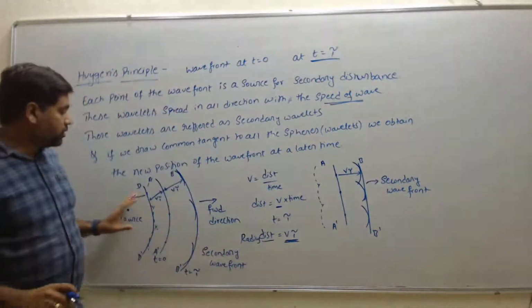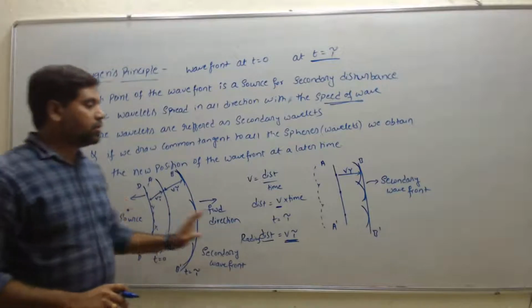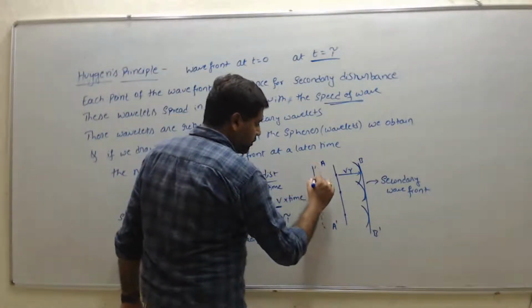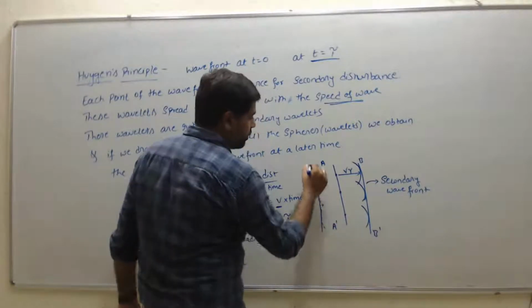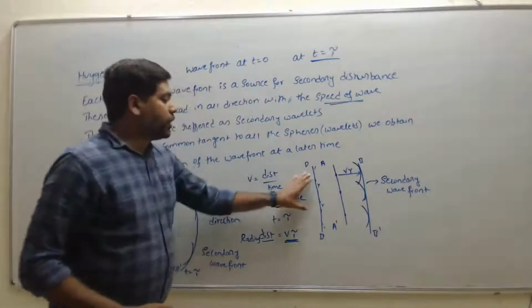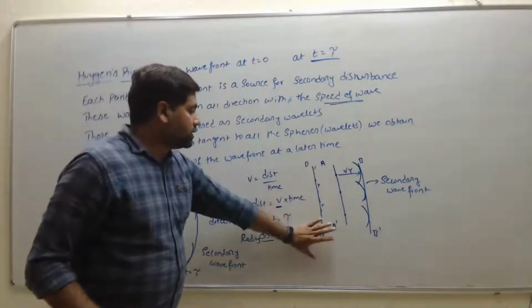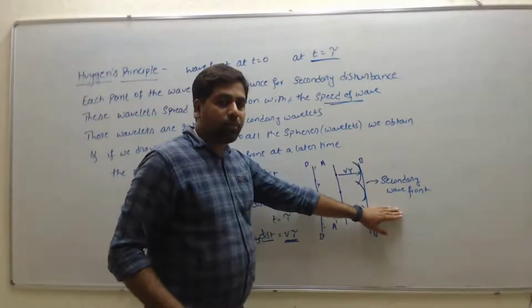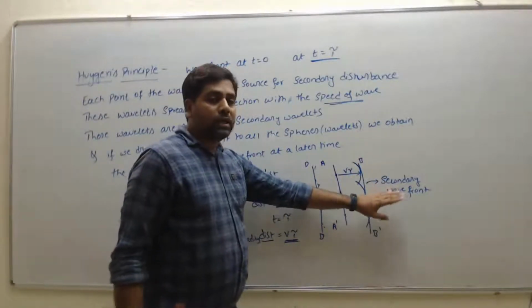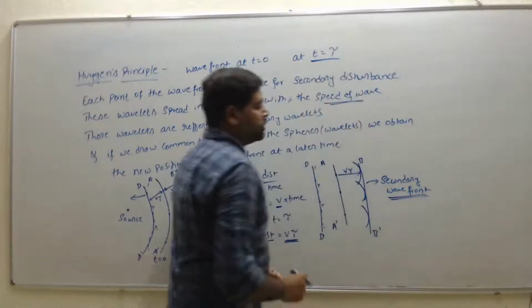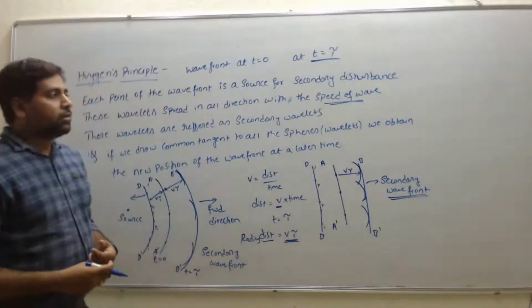This is for the spherical and this is for the plane. Here, if we draw one tangent to these 3 surfaces, we also get D dash. Here the amplitude is 0, that's why we are not considering D dash. So wherever we get the maximum amplitude or maximum disturbance, that only we take as wavefront. So here is the secondary wavefront.